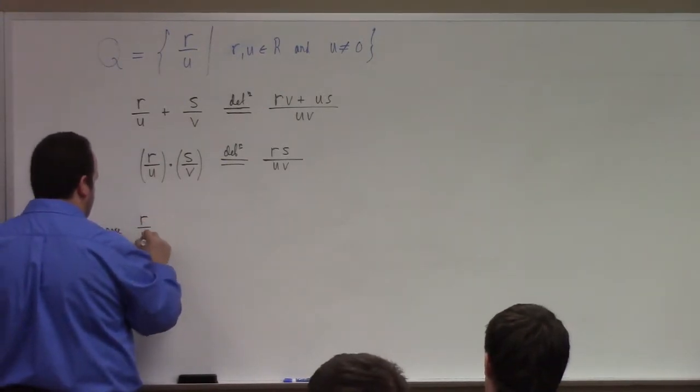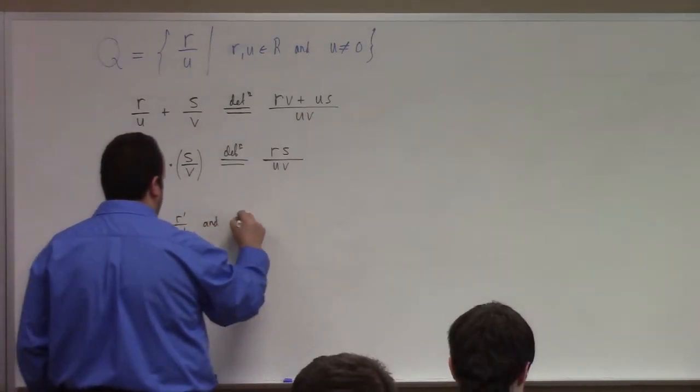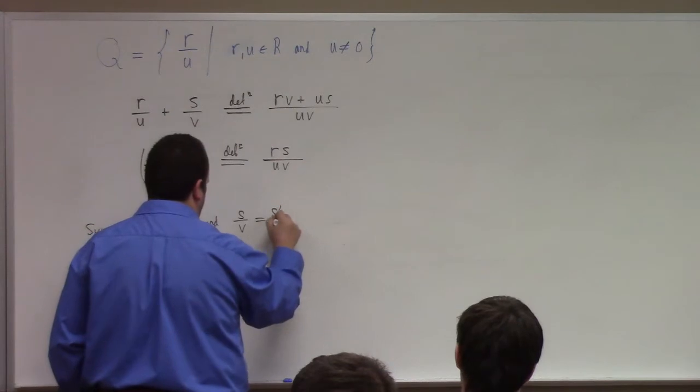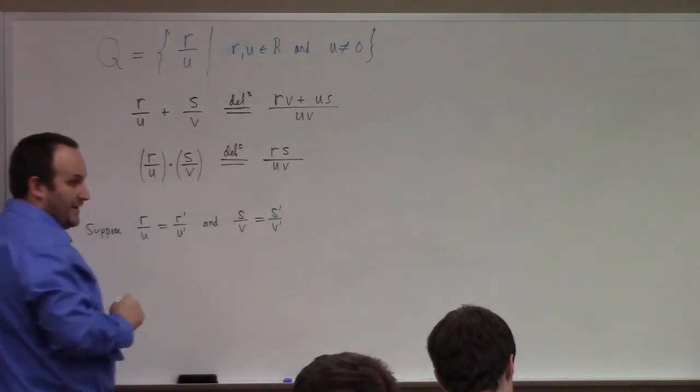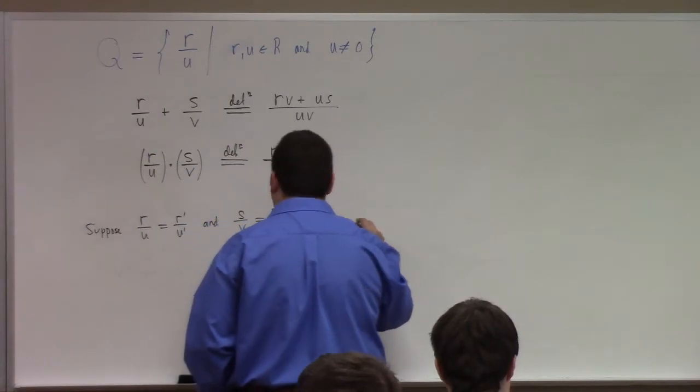All right, so suppose that R over U is equal to R prime over U prime, and S over V is equal to S prime over V prime. Then that gives us what?